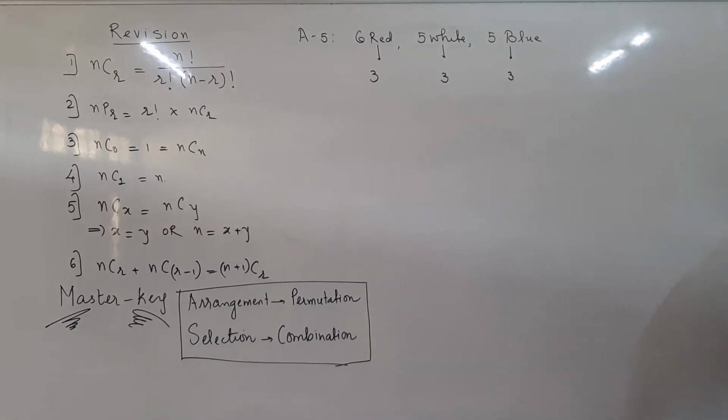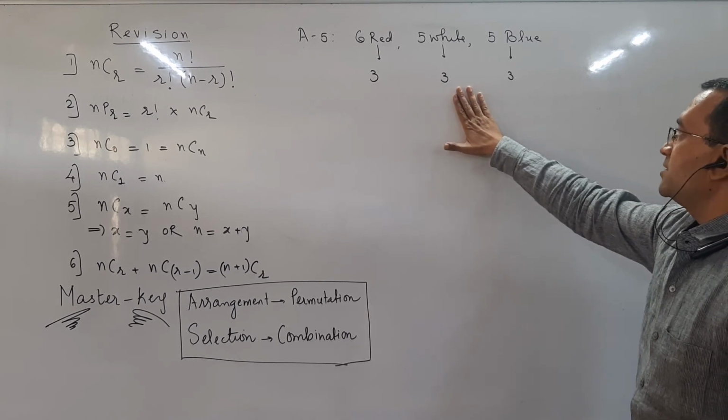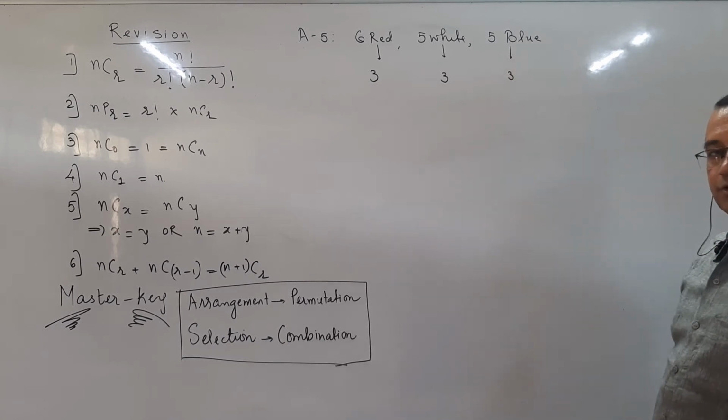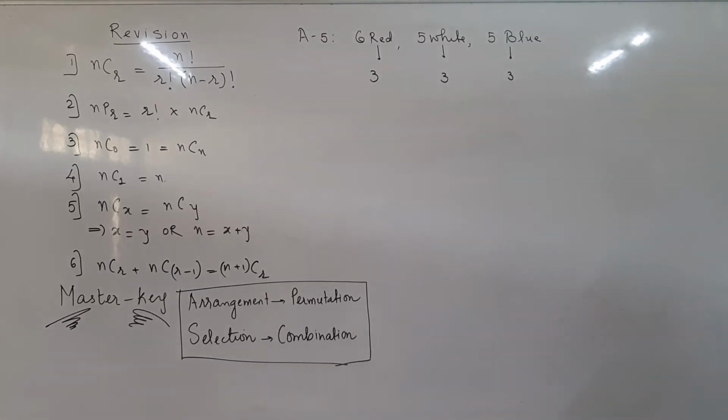We have to select 3 balls from each, a bunch of 6 red, a bunch of 5 white and a bunch of 5 blue. So from 6 red, 3 can be selected in how many ways? The answer is 6C3. Then from 5 white, 3 can be selected in 5C3 ways. Then from 5 blue, 3 can be selected in how many ways? The answer is 5C3.